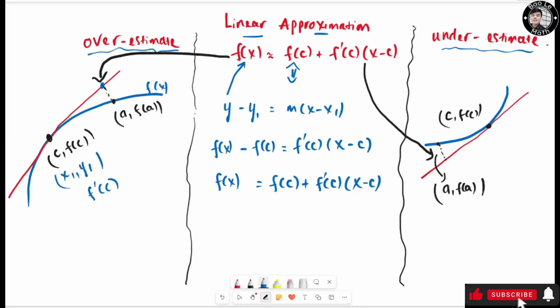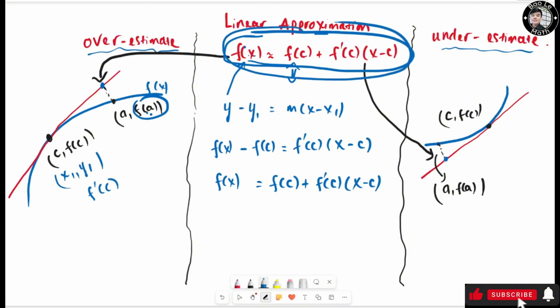At this point, at the point a, we have f of a, and the tangent line is above the curve, which is an overestimate. Similarly, if the function is concave up, the tangent line is below the curve, so the linear approximation gives you an underestimate.